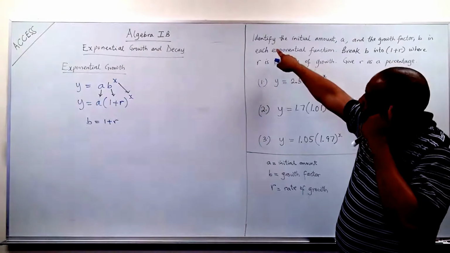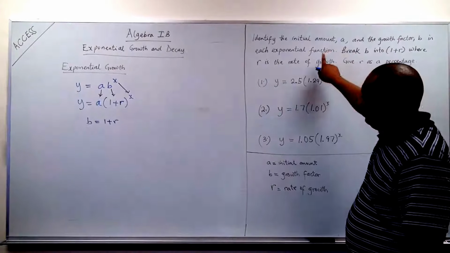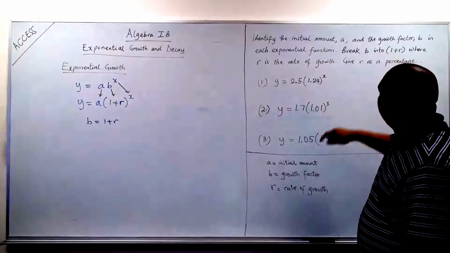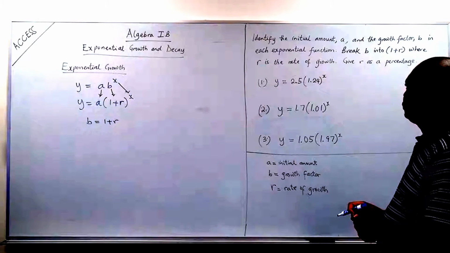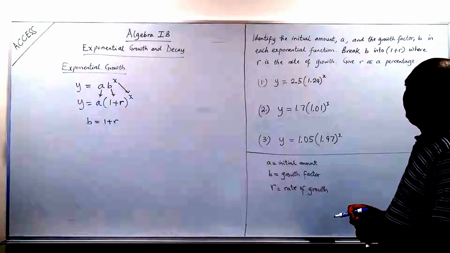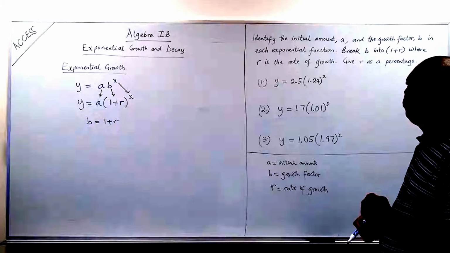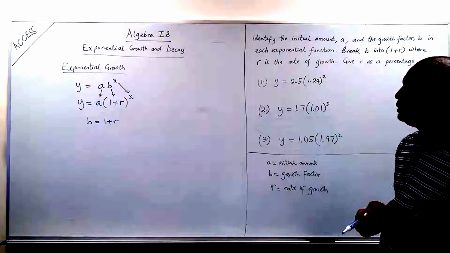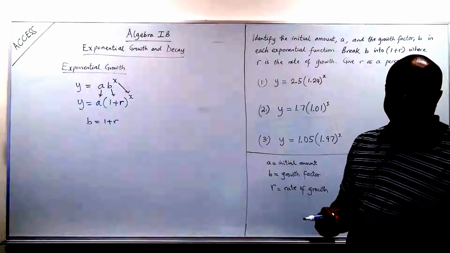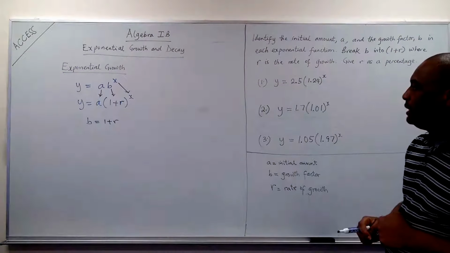So it says identify the initial amount a and the growth factor b in each exponential function. Break b into 1 plus r, where r is the rate of growth. Then you are asked to give r as a percentage.